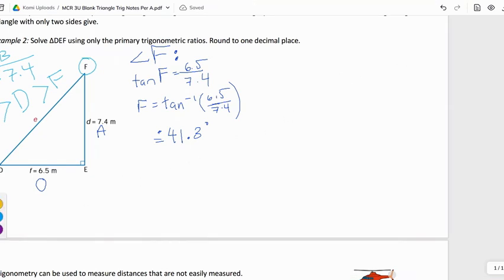How can we find angle D easily? We could do sum of angles. So angle D is 180 subtract 90 subtract 41.3. Try to do this in your head.